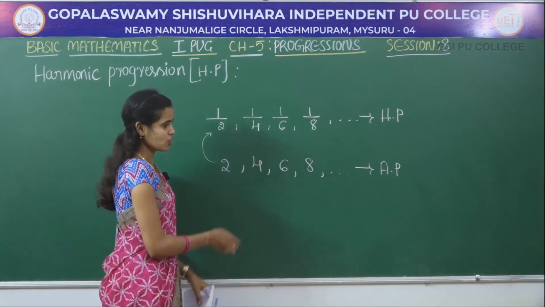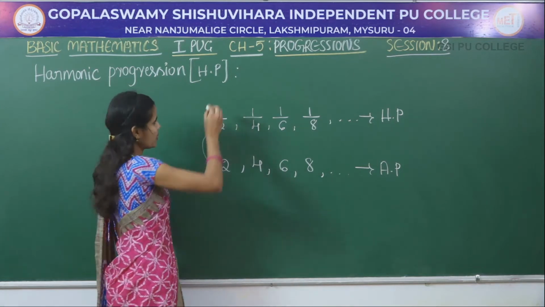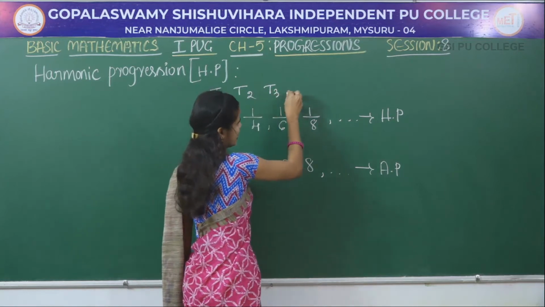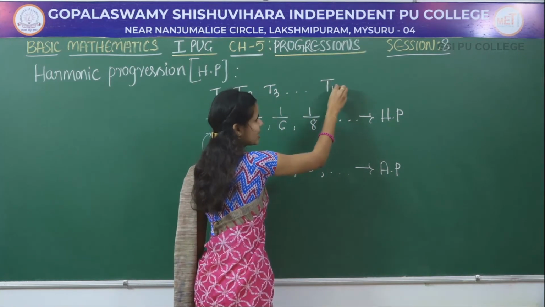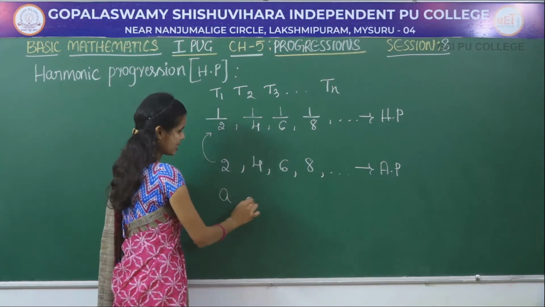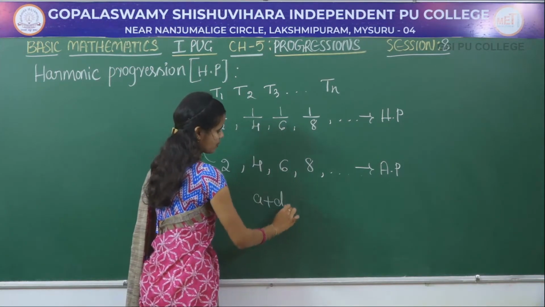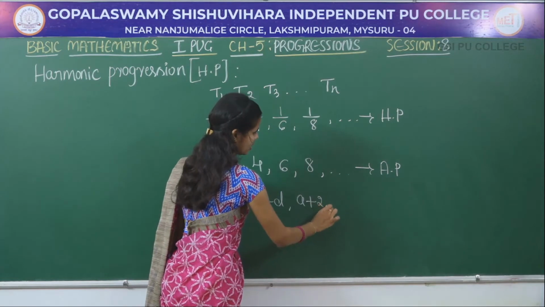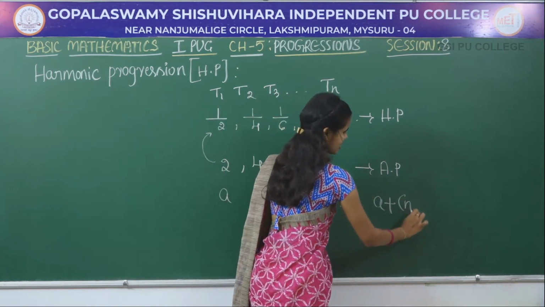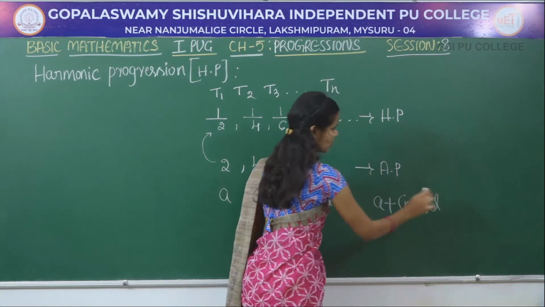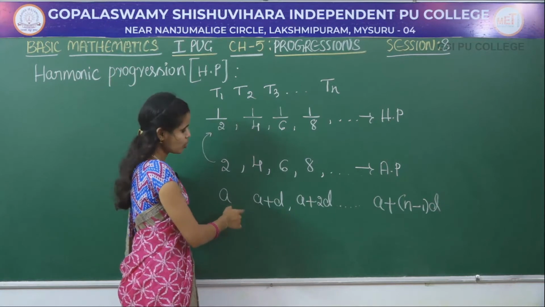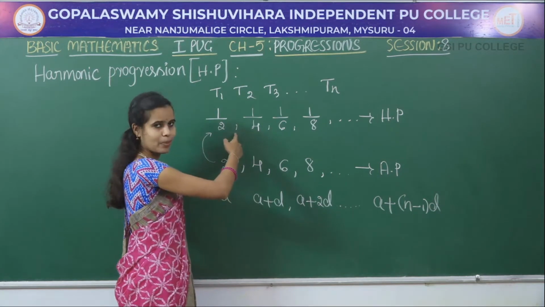We know that terms are denoted by T1, T2, T3, etc., so the nth term is denoted by Tn. In AP, terms are defined as A, A plus D, A plus 2D, etc., and the nth term is defined as A plus n minus 1 into D. So if a sequence is in AP, the reciprocals of the terms form an HP.